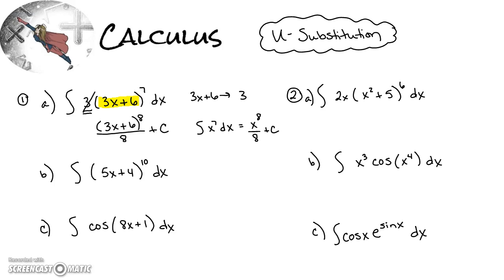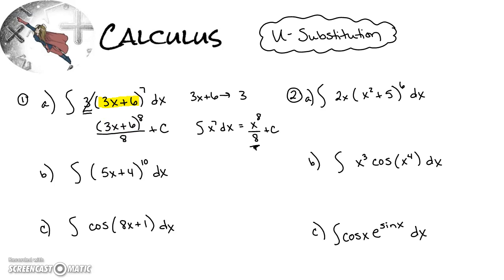So if I had a simple integral, that's what the answer would be, x to the 8th over 8. It's the same thing with our more complicated looking problem, but it's just the inside function to the 8th over 8. So the inside function stays there in the answer.